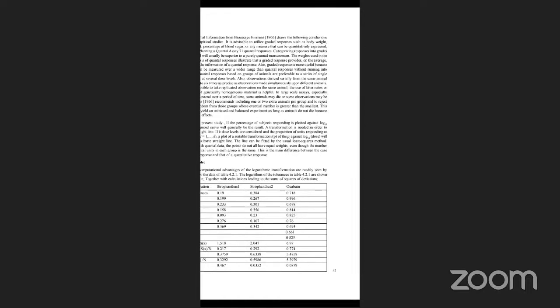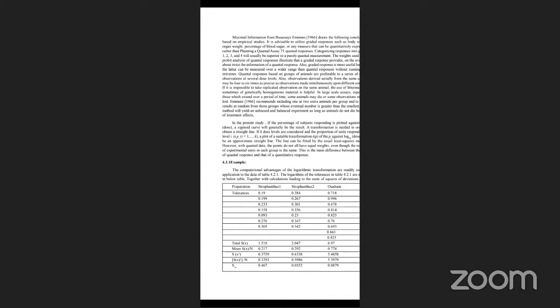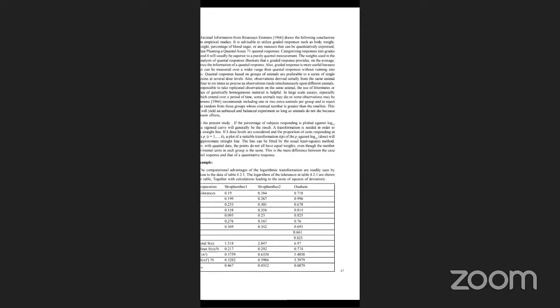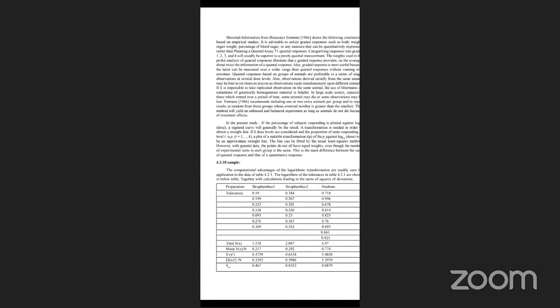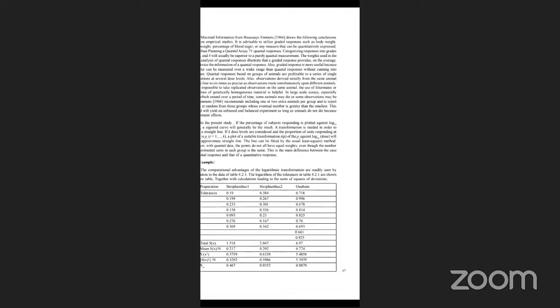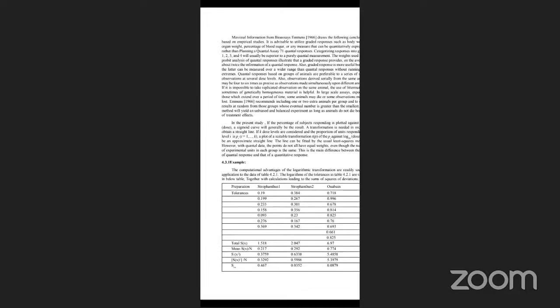Also, observations derived serially from the same animal may be four to six times as precise as observations made simultaneously upon different animals. If it is impossible to take replicated observations on the same animal, the use of traits which extend over a period of time is advised.